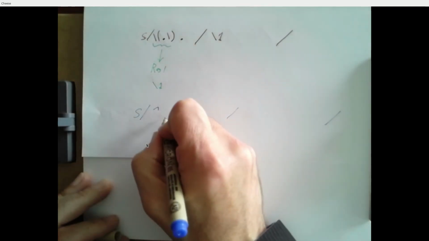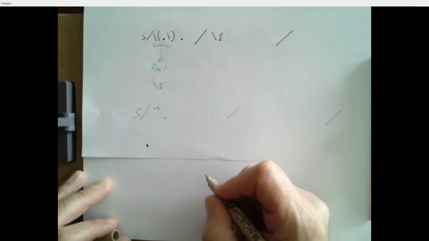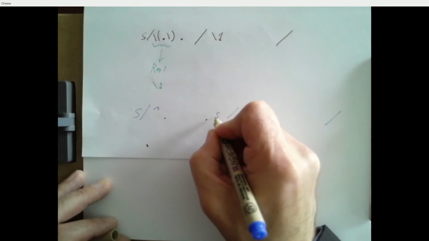So how do we match the first character? Caret dot. How do we match the last character? Actually, dot dollar sign. Right, so any character followed by the end.